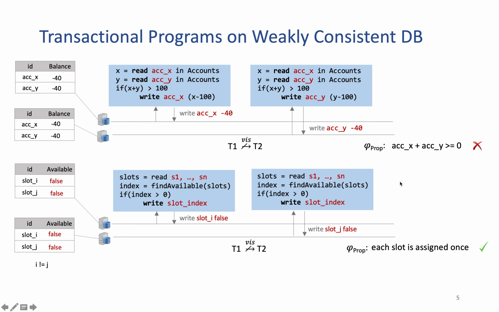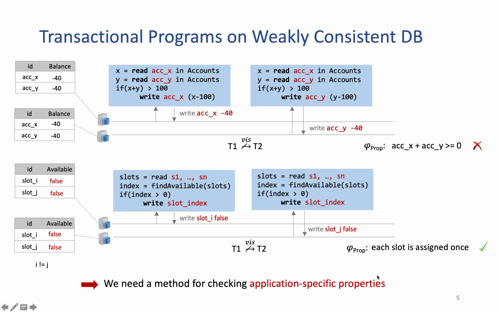So here, notice that the access patterns to the variables are the same. They read a set of intersecting variables, and they write to different variables, which are read by the other transactions. However, the first application fails to satisfy the property, while on the same consistency model, the second one does.